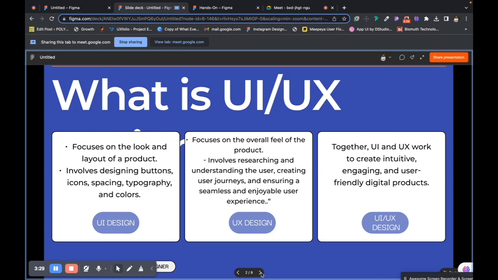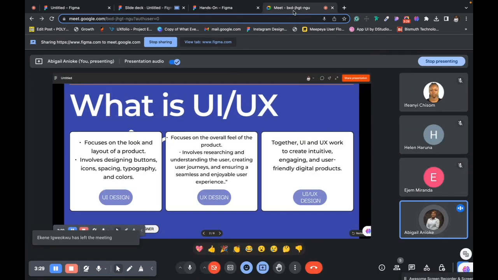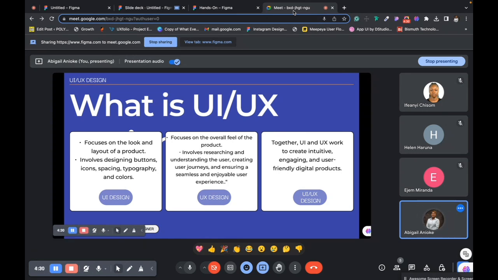So, what does UI design really entail? Let's take a building for instance, right? And please, if you can't hear me, just use the icons or the comment section. I just want this class to be as interactive as possible, so I don't do the talking alone.